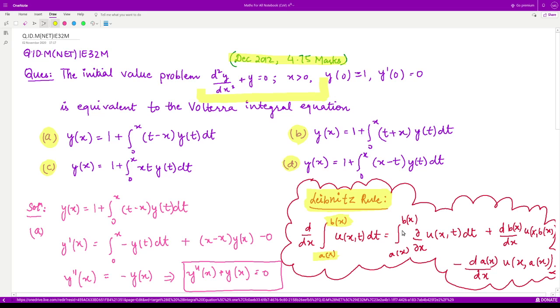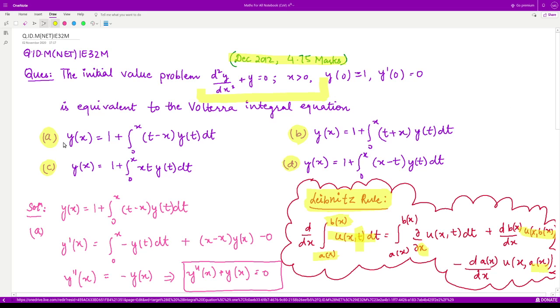It would be equal to the integration from a(x) to b(x) of the partial derivative of the function u(x, t) with respect to x, plus the derivative of the upper limit b(x) multiplied by this function where t is replaced with the upper limit b(x), minus the derivative of the lower limit multiplied by this function where again t is replaced with the lower limit a(x). So this is the rule.